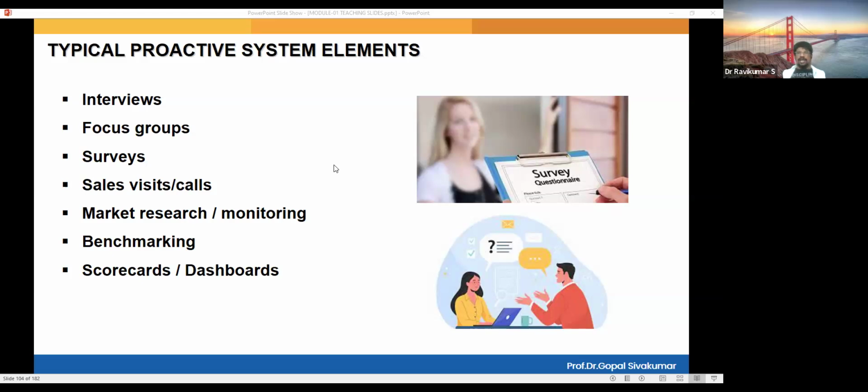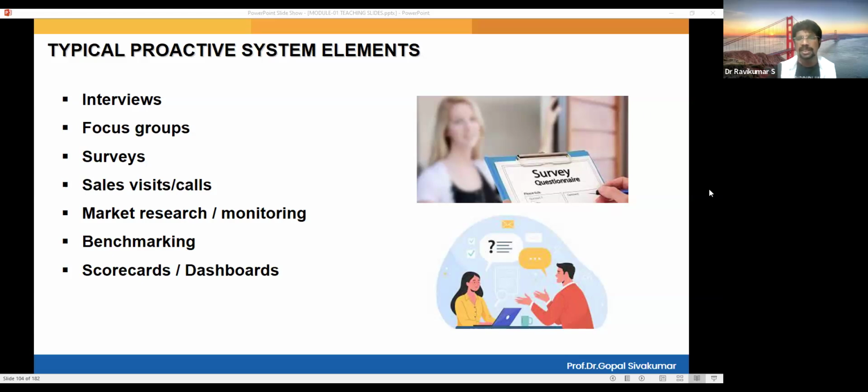A scorecard or a dashboard helps you identify customer feedback in a different format, in the form of symbols or stars or something like that, which the customer will provide when you approach them for feedback. So these types of proactive systems will help you collect feedback about your process, product or service, even before the customer comes to your end.